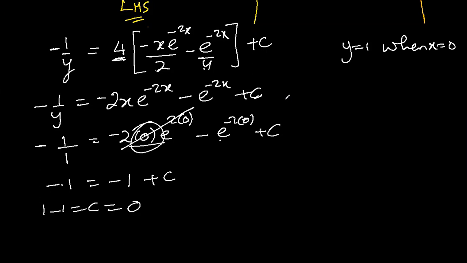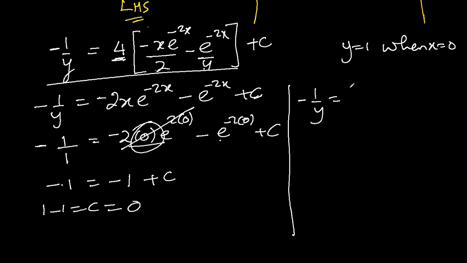That means c is not there anymore, so we are just left with the main equation. Let's go back to the equation which was this one. Okay, so minus 1 over y equal to 4, and now let's do what? Both of them have e to the power minus 2x, so let's take e to the power minus 2x common out of this.